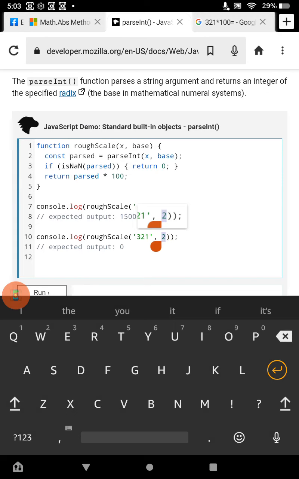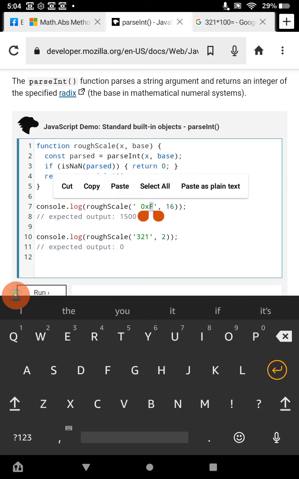Okay, if this second parameter was changed from base 2 to base 16, which is appropriate to read anything that has a string literal that is prepended with a 0x followed by an alphanumerical value of anything between the numerical values of 0 through 9 and the letters A through F. That's what base 16 hexadecimal does.